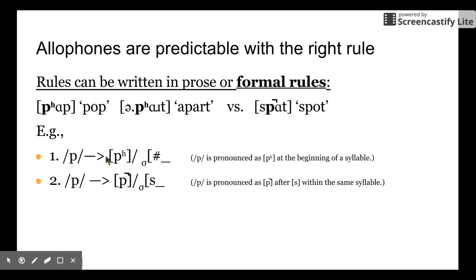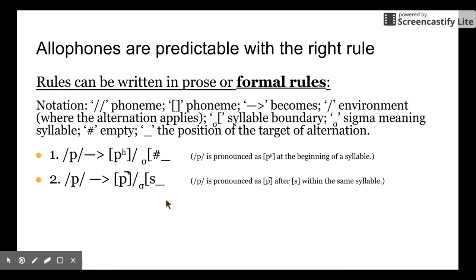And we use square brackets to indicate phones. So P becomes this aspirated P when it is in this environment, and P becomes this unreleased P when it is in this environment. We are going to talk about these notations right away.